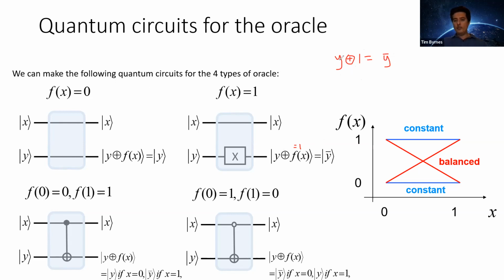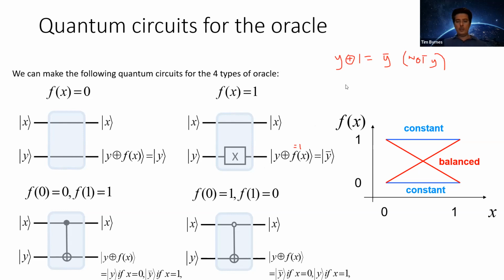But if y is 1, then 1 plus 1 is 0. And so therefore, y becomes the opposite of y, so this is not y, right? And we know how to do the not of something: you just have to apply an x gate to it, and this will flip the result of y into not y. For x, nothing happens to it as usual, so it's just x.